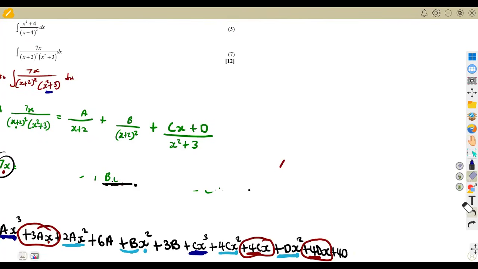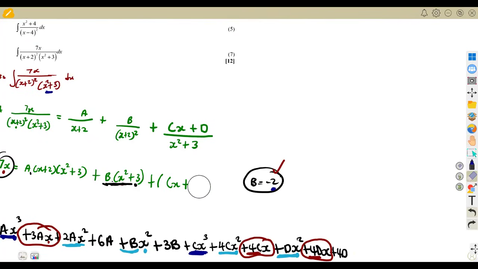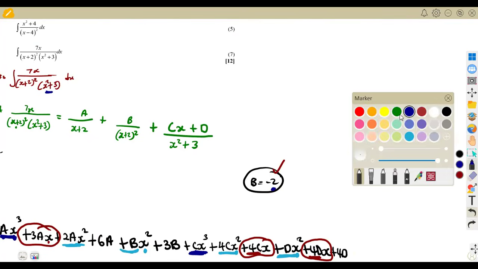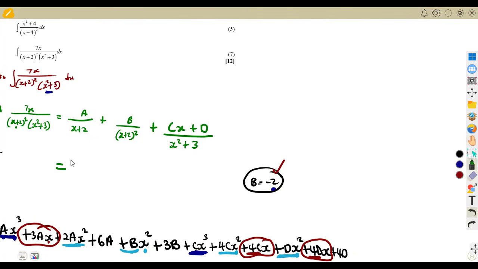We need our B, which is minus 2. So this is going to be given as the value of A that we got, which is negative 1/7.